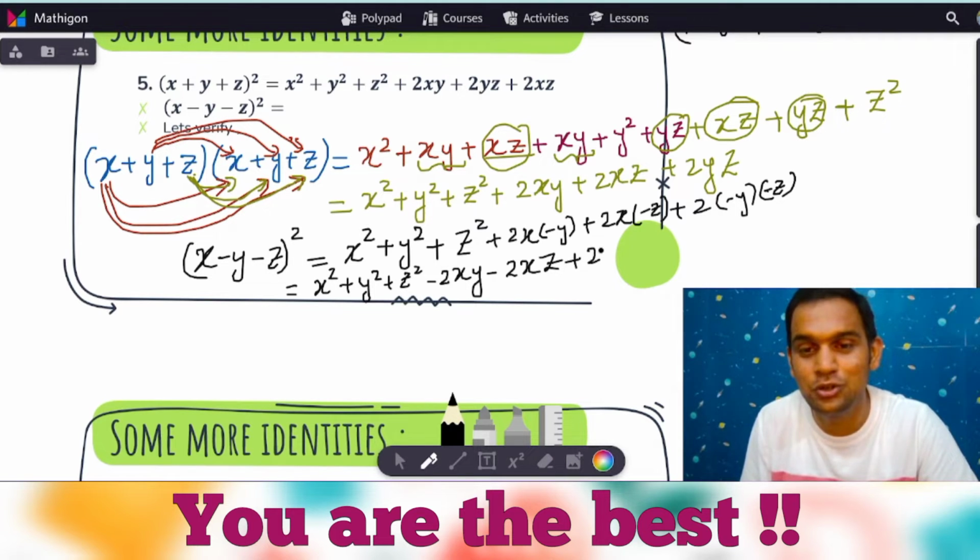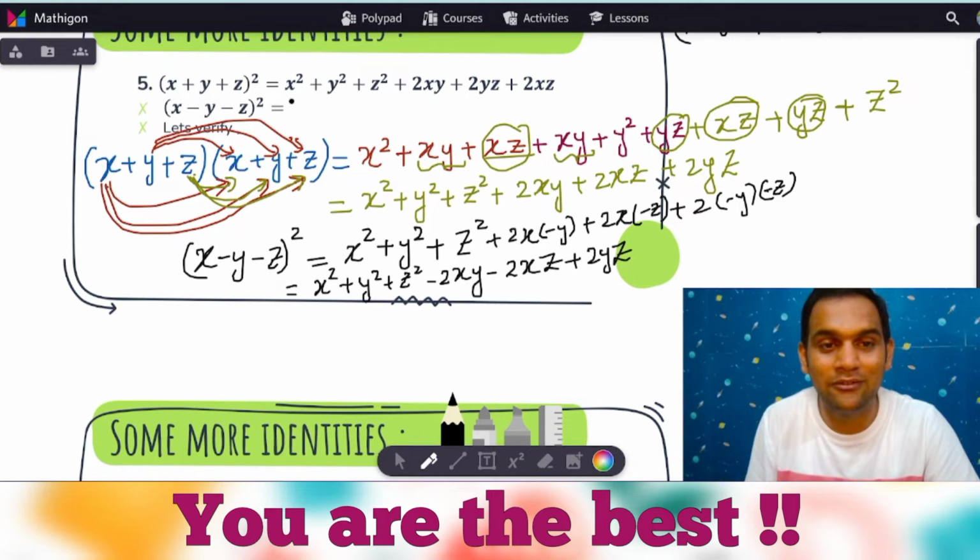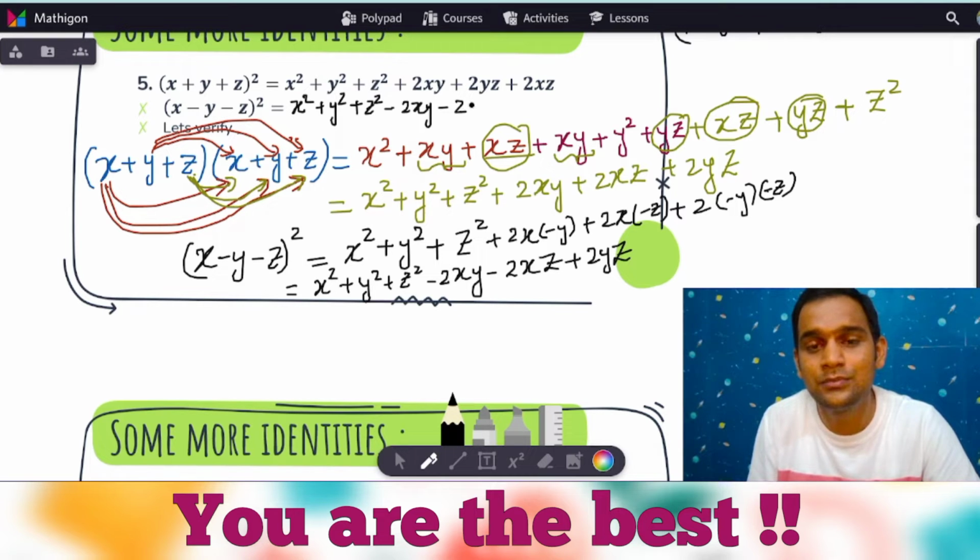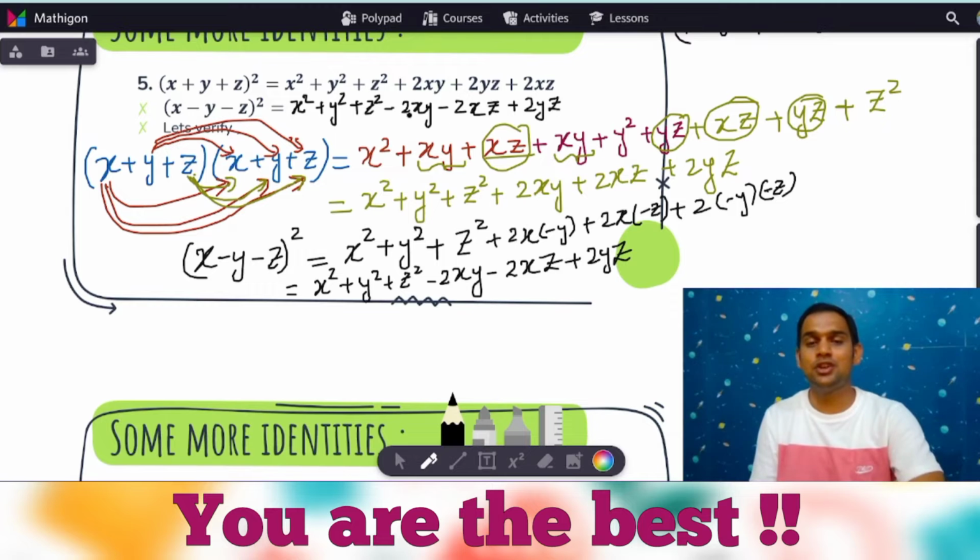Sorry, I forgot to write. So this becomes plus 2yz. So what is the new identity we have? X square plus y square plus z square. First three terms remain the same. Then we have minus 2xy minus 2xz and plus 2yz. Yes, so this is the new identity we have just created.